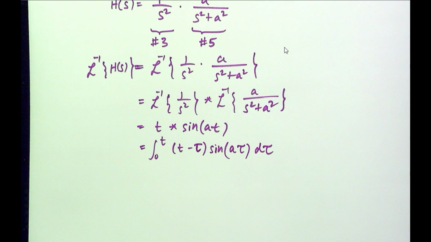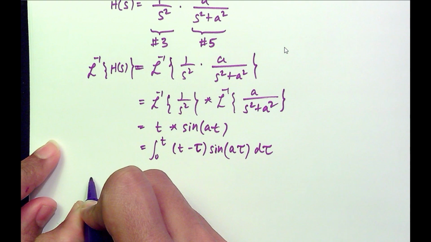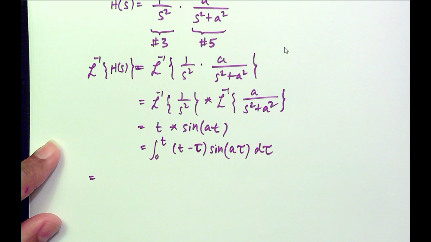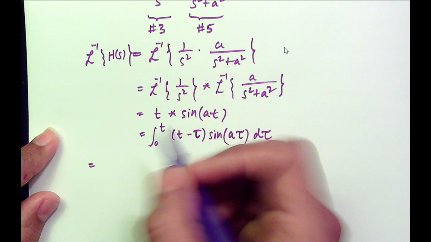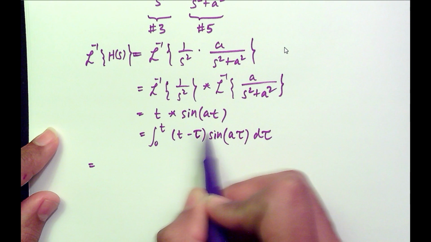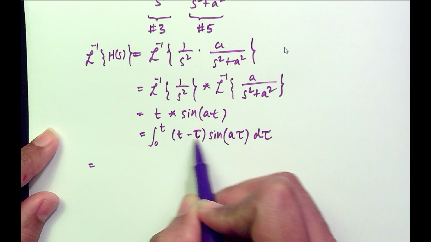All right, now let's compute that integral. I'm going to start a little bit further to the left. We can distribute here, so t times sine of a tau minus tau sine of a tau.